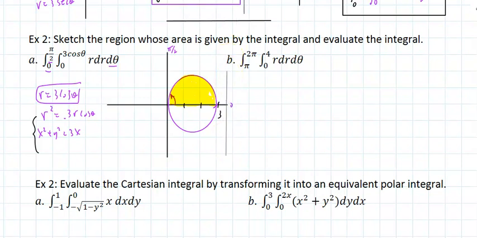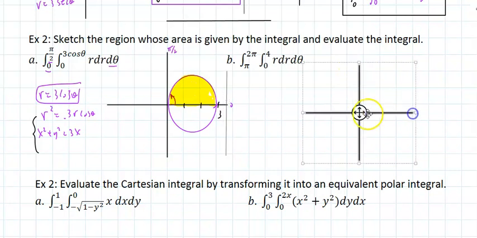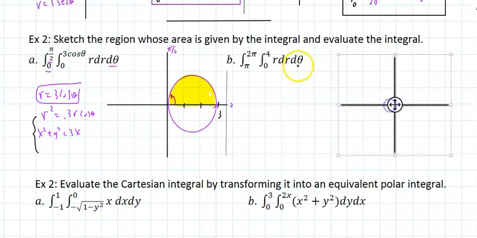And how about here? If I wanted to really figure out what they're talking about, they're saying theta runs from pi to 2 pi, so I'm here. R runs from 0 to 4. R runs from 0, let's say that is 4, right?